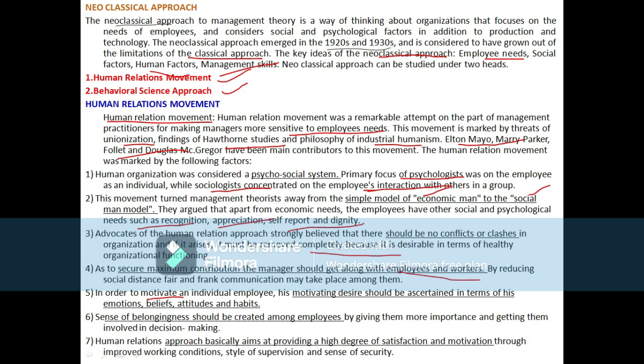Okay, then a sense of belongingness should be created among employees. This is very important. Why? Because only then will the people in the organization show loyalty towards the organization. They feel that the organization is their own. And how can we give that?